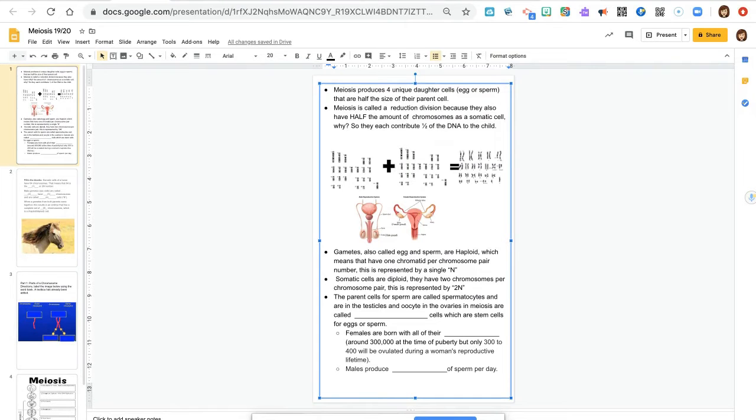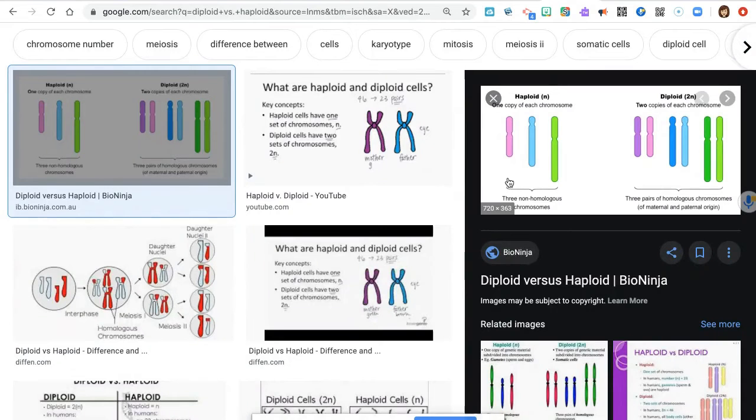So let's go here and look at a picture of diploid versus haploid. There we have a haploid cell, and here we have them doubled. Looks like you have the maternal one and the paternal one, maternal-paternal, maternal-paternal. So this would be before sex, egg or sperm, and after egg and sperm combined.